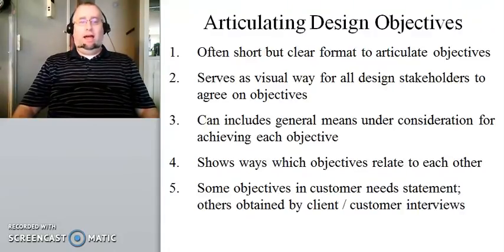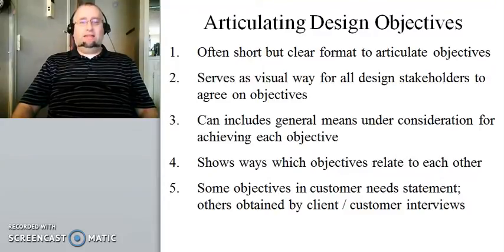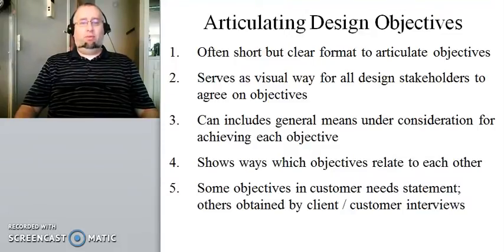Now remember, you guys, you're taking this course, you're engineers, so engineers typically are very quantitative, very visual. We have a very distinct way of thinking about problems and solutions to problems, whereas our customers might not necessarily be technical people. And so what we need is a design objectives document that is both understandable to an engineering mindset and to the client or the customer who may not necessarily be a technical person.